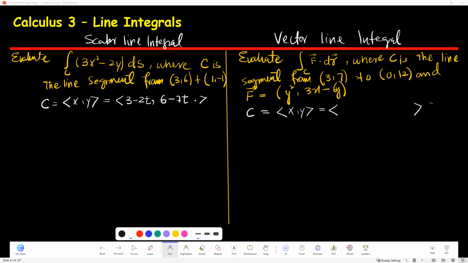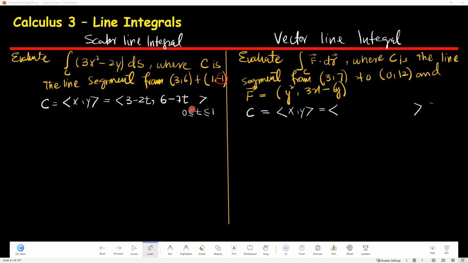I also need to write the value of t, so t is going from 0 to 1. The reason I'm putting this here is, if you substitute t equals 0, you get the point (3, 6). If you substitute 1 in place of t, 3 minus 2t is going to be 1, and 6 minus 7t is going to be minus 1.